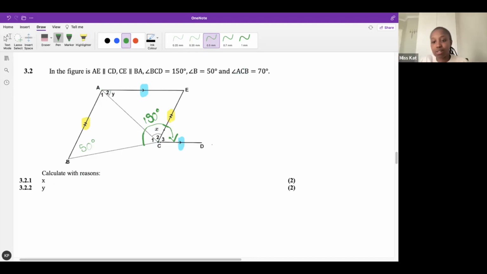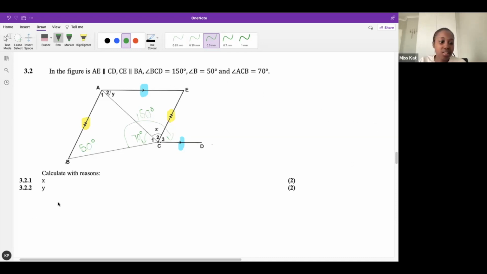So the whole angle is 150 and only C1, just going from there to there, is 70. Is angle E 50 degrees? Where's angle E? We don't know that. They didn't tell us anything about angle E.